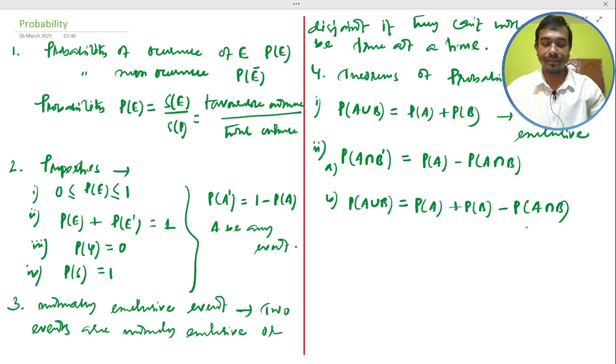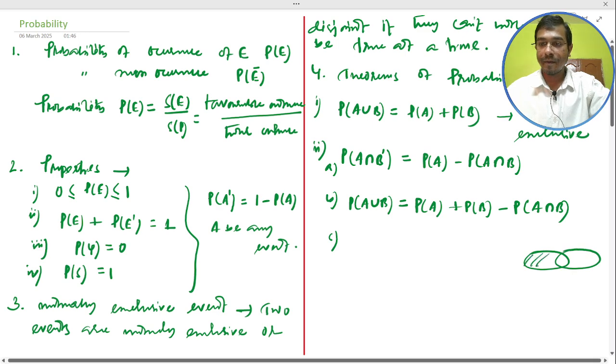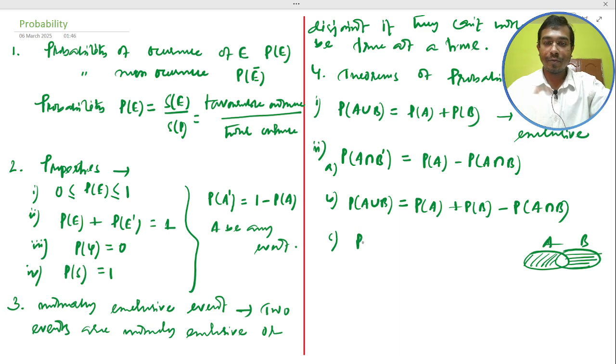Number 3: suppose this is A and that is B, and you have to find P of exactly one of A, B occurs.